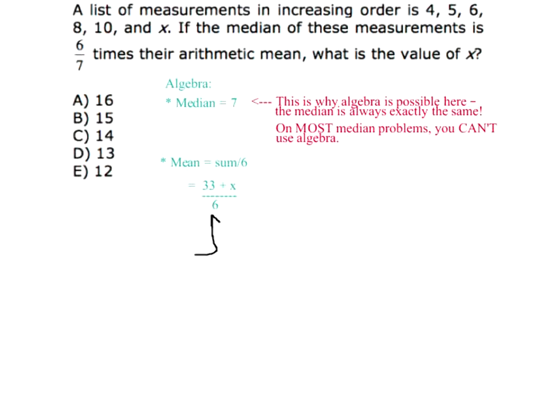So 7 is the median, and then 6/7 of this, and then you would solve. Most people here are perfectly capable of algebra, so I think that we don't need to do that on the board. That way we can get to some critical reasoning stuff. Any questions, go ahead and throw them in the chat box.